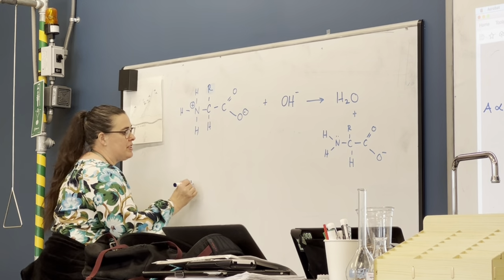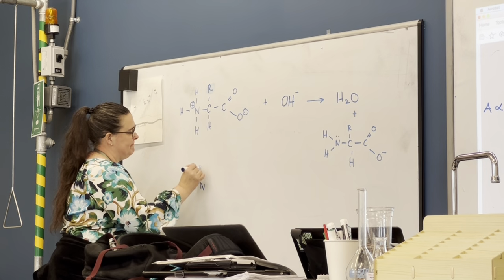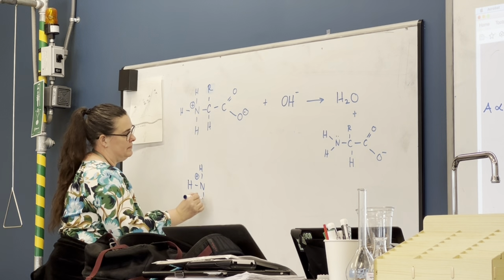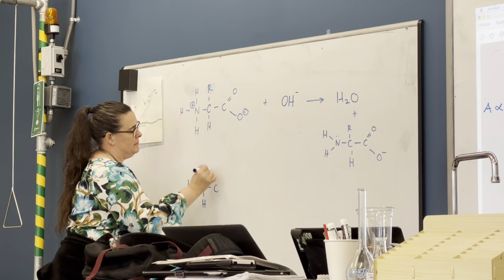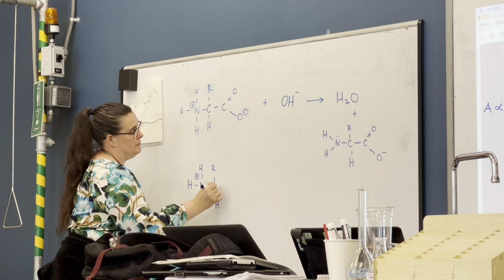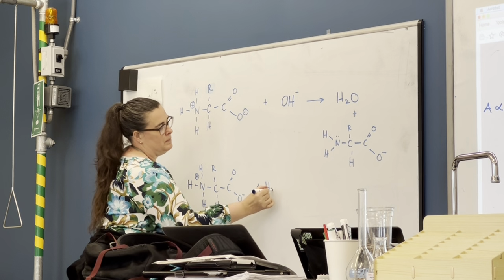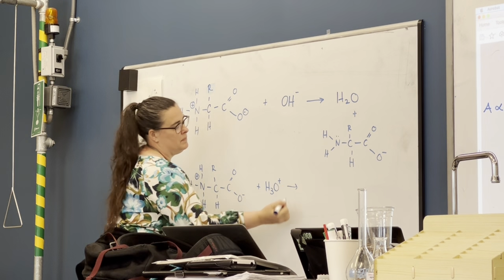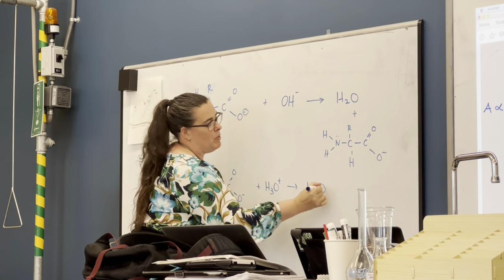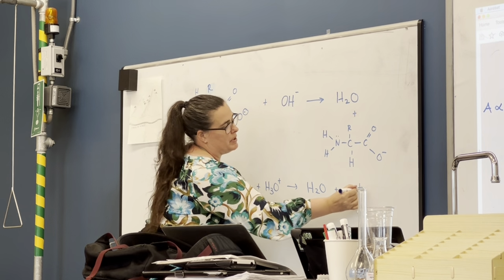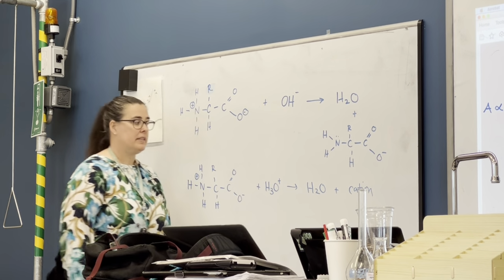We could write the reaction of this with acid. And one more time, we're going to make water, and I'm just going to write the word cation here because I think that you can see it.